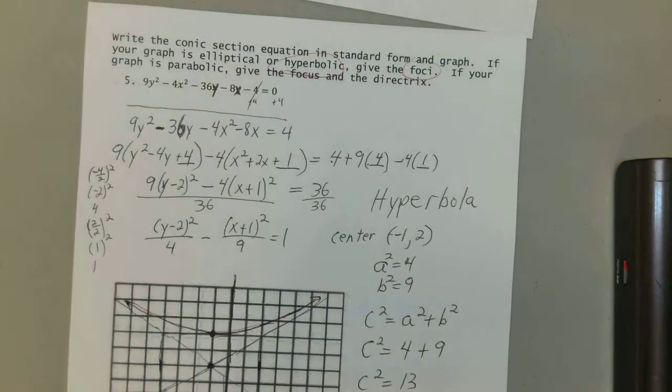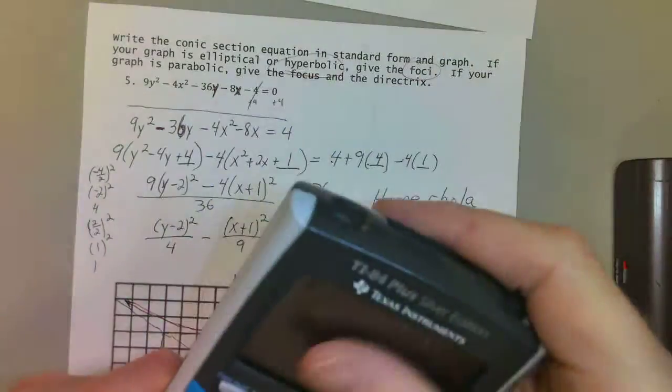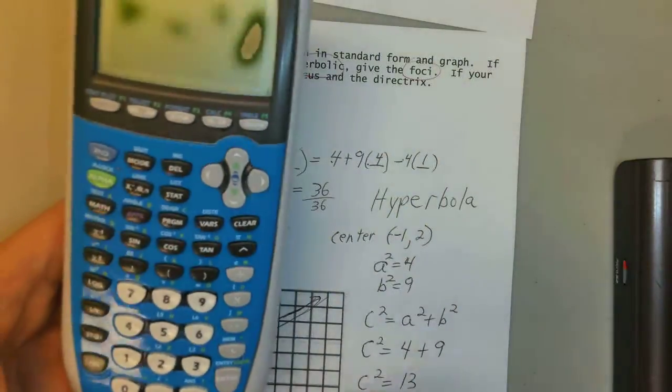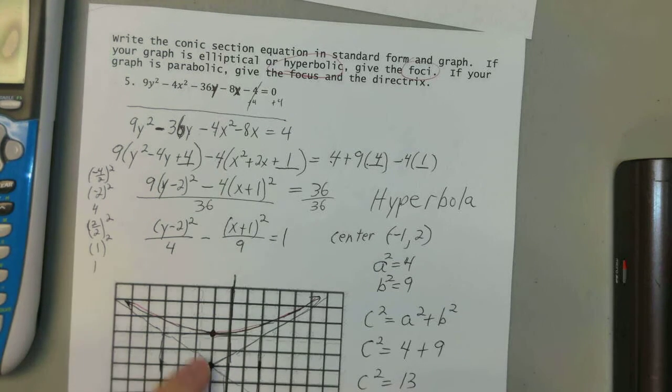All right. Square root of 13. Let's do this exact, and that's simplified already. The x-coordinate stays at -1.